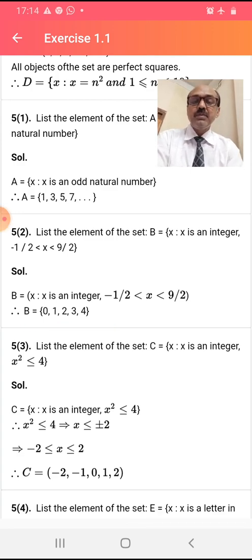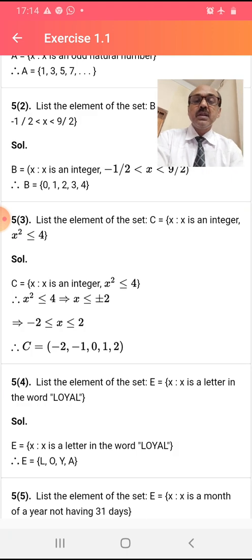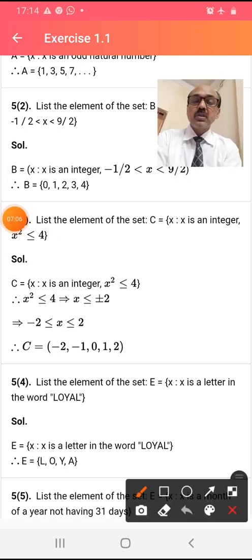Next question 5, 3. List the elements. X is an integer and x square is less than or equal to 4. So find x first. The 2 2s are 4, so plus minus 2.